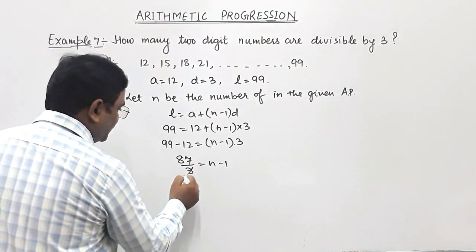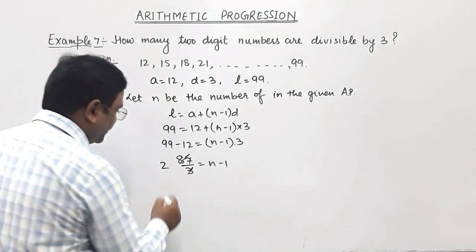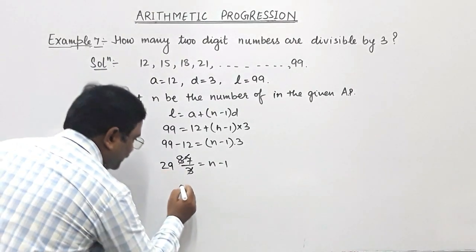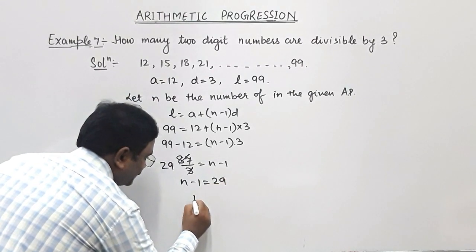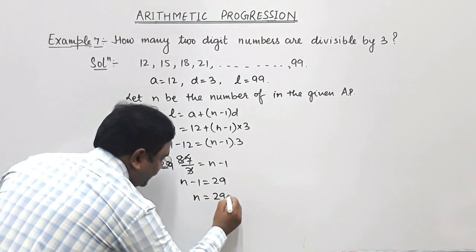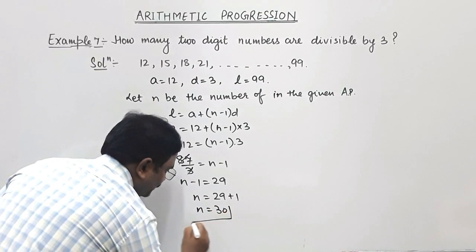Simplify. 3 eights are 24, 3 remains... 3 nines are 27. You get n minus 1 equals 29. Therefore n equals 29 plus 1, which is 30.